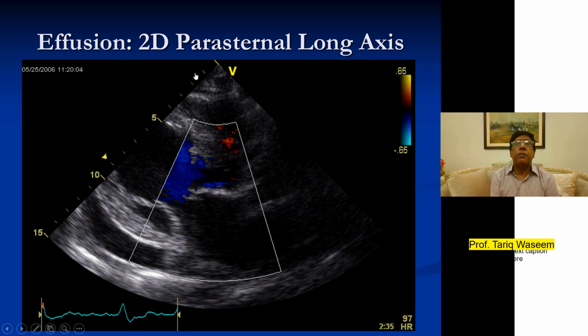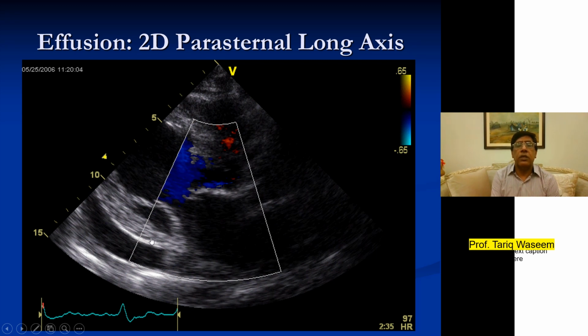this is the parasternal long axis view, where your probe is over here, and from here we are following the right ventricle. This one is the aorta. This is the left atrium. This is the left ventricle. This is the anterior cusp of the mitral valve, posterior cusp of the mitral valve.